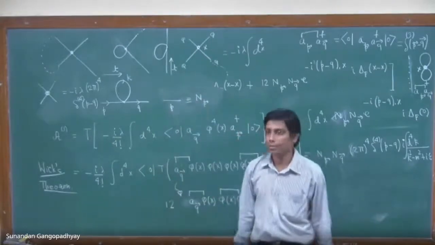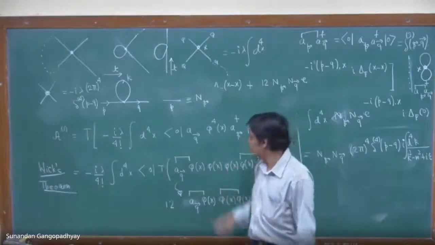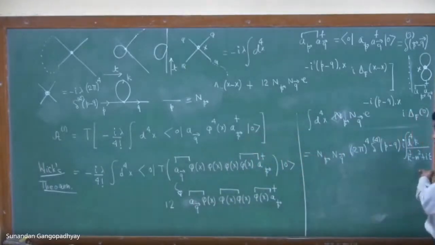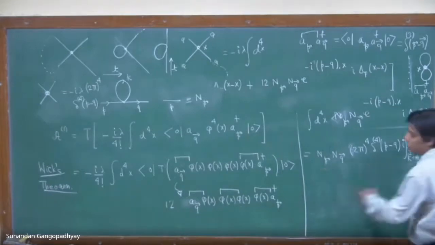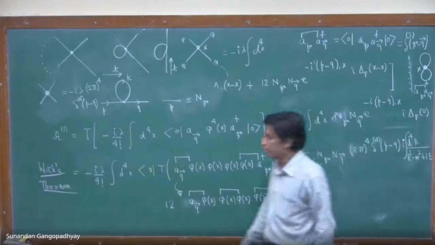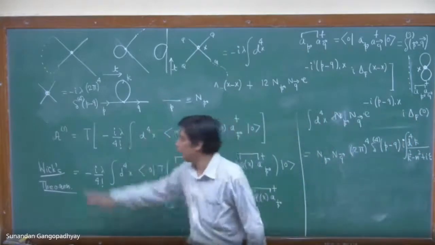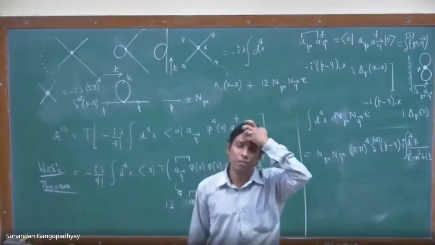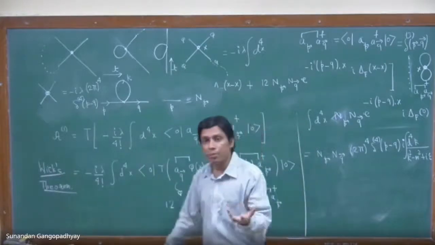x is gone. Whatever remains is what matters, and the fact that x is gone can be seen from this final expression. This expression corresponds to this thing, and this expression has no x in it, because x has been integrated out. A1 does not have any x, nor does A2, nor A3, and so on. But what will A1 depend on?